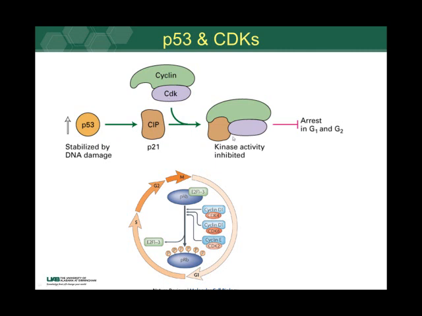When it inhibits cyclin-dependent kinase activity, the cyclin-dependent kinases cannot do their job by phosphorylating retinoblastoma protein right here, and other jobs that are required in different phases of the cell cycle.